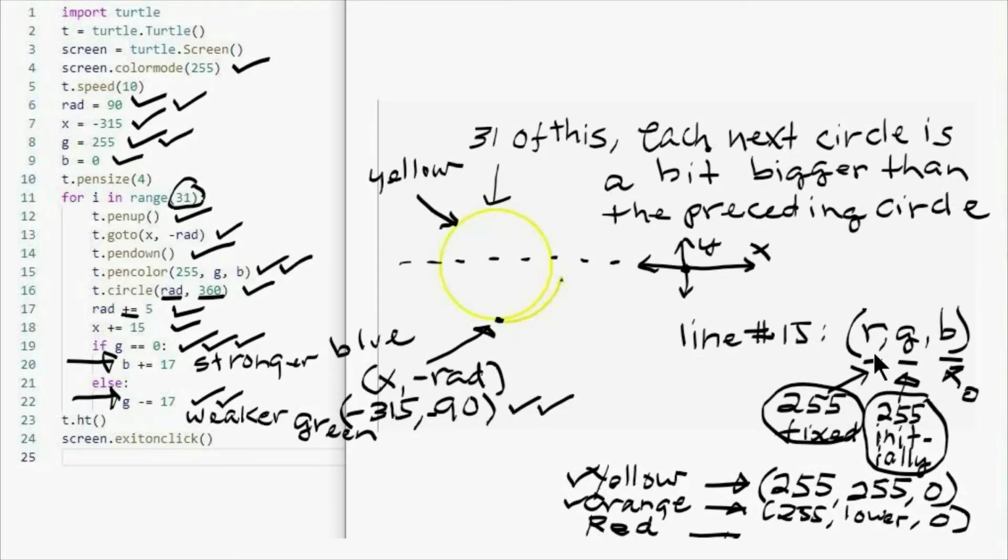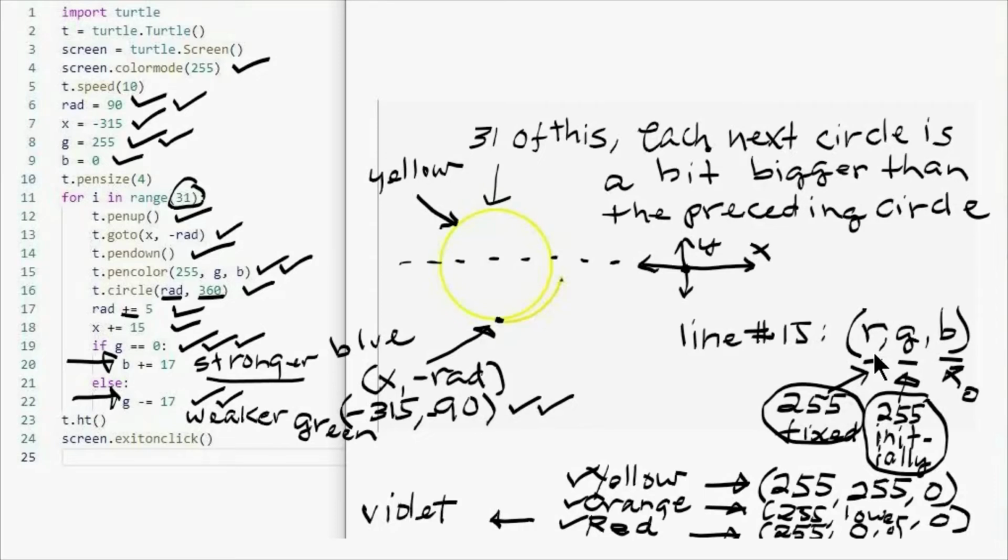In this case, the red value is still fixed at 255, and then the value of green is 0. And then after the red here, we are making the blue become stronger. So our color will become violet.